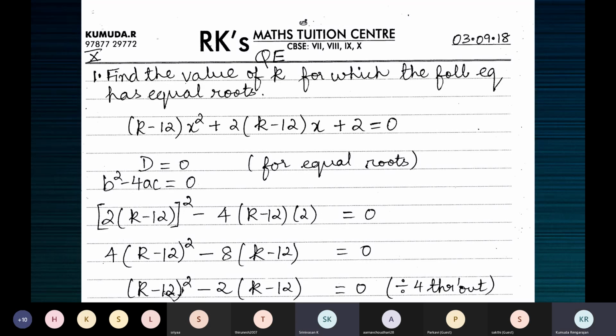It's 14. You must have got two values for K. Did you divide by K minus 12 throughout? Yes, ma'am.